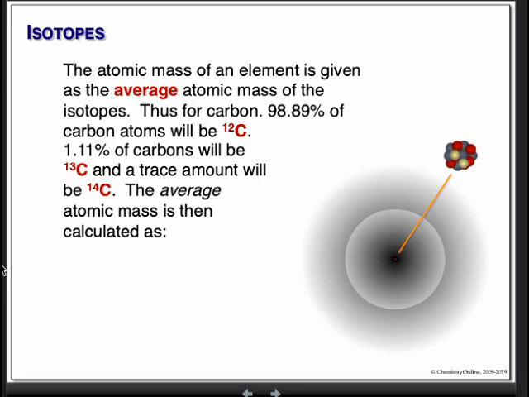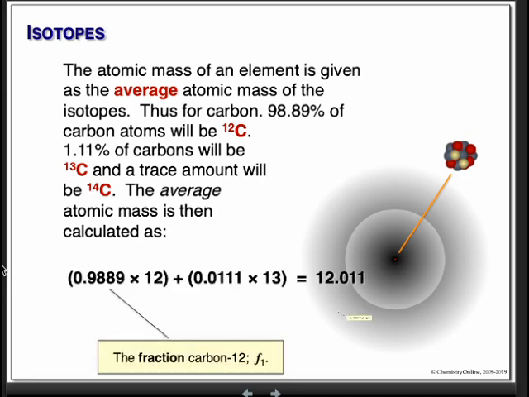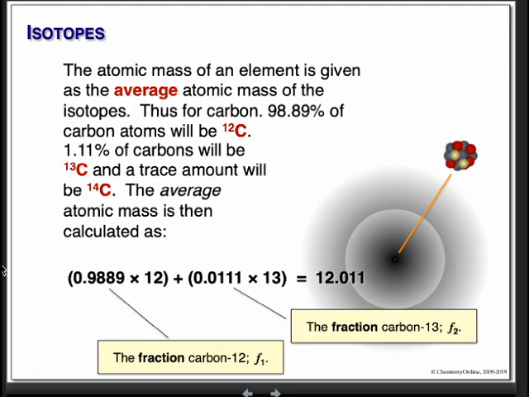We can take these numbers and the masses, and we can calculate the average atomic mass. This is the fraction, which is just this divided by 100, multiplied by the mass. I left out 14 because it's so tiny. What we wind up with is 12.01.